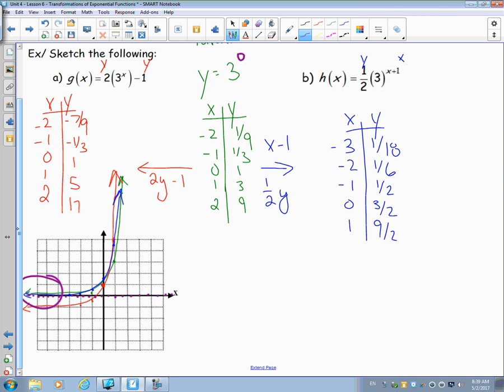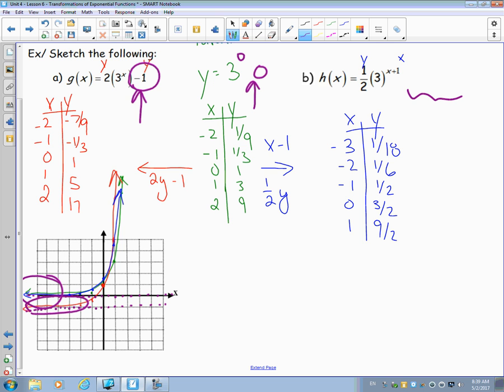Okay. When we transformed something, the red one let's talk about, and moved it down 1, it changed what we approached. That line approached -1, the red line. Take a look at it. Over here, it gets closer and closer and closer to -1, but it never hits it. So the number at the end, in this case -1, in this case 0, is our horizontal asymptote.